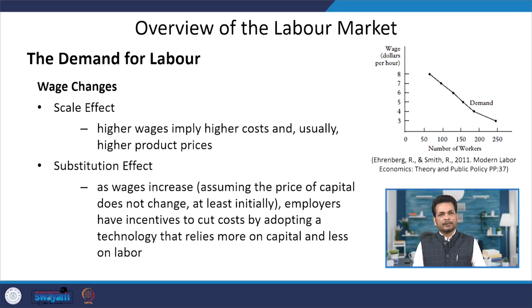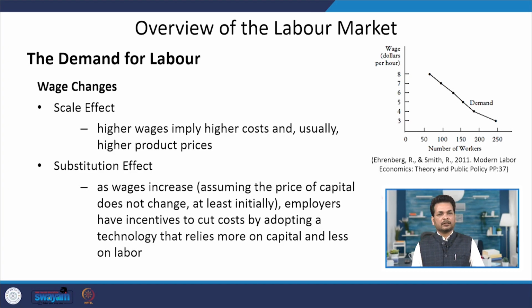What would happen to the quantity of labor demanded if wage rates were increased? When wage rates increase, keeping these factors constant, two effects work together. One is the scale effect, another one is the substitution effect. Let us discuss these two effects in detail.